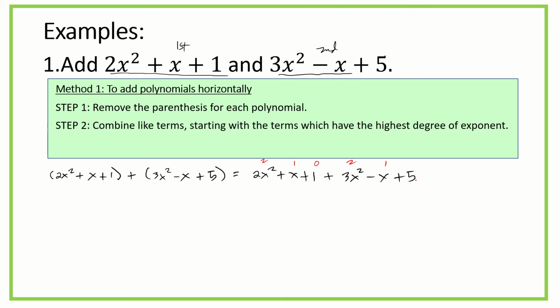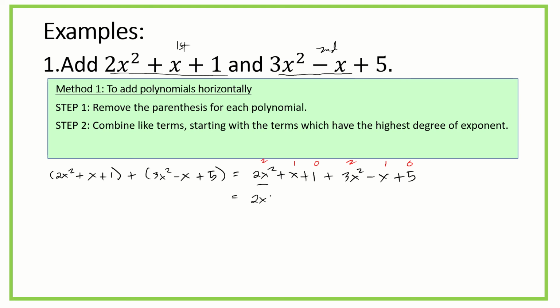And finally, our 5 is just a constant term, so the degree is just 0. So the highest now would be 2. That means we have to start by combining the like terms with 2x squared.